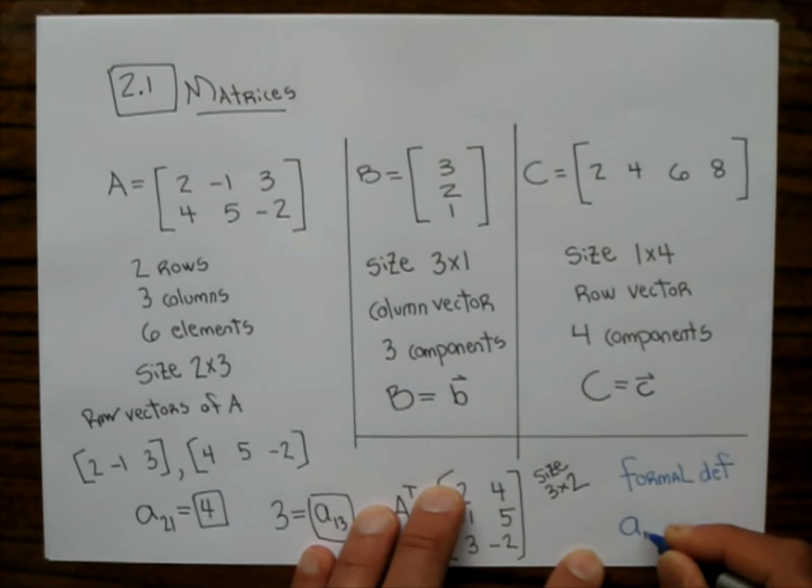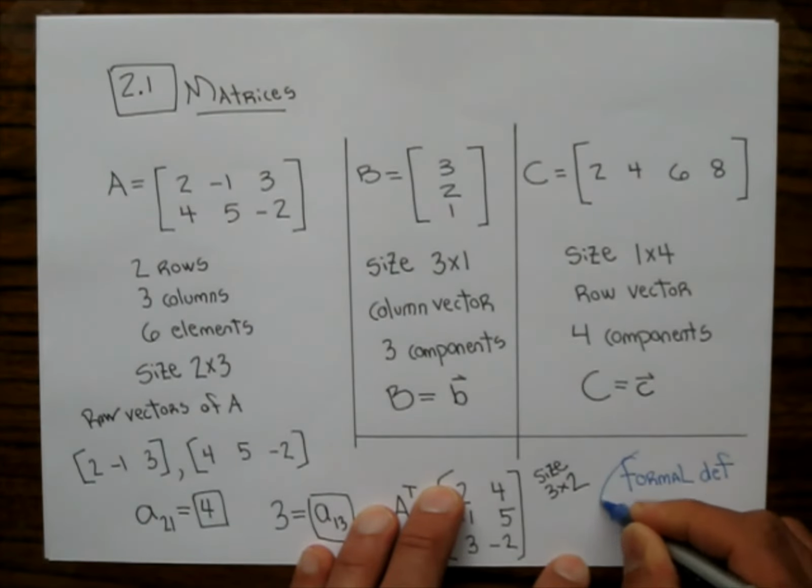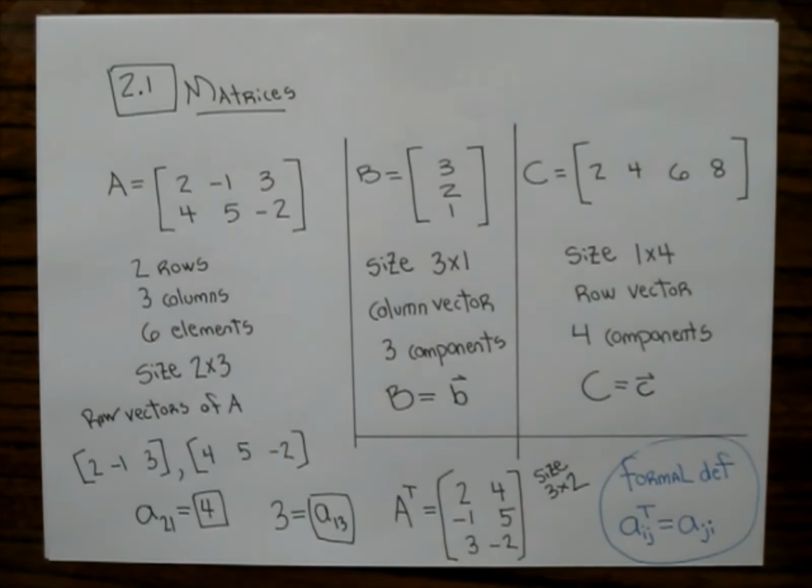They would say the ij entry of A transpose equals Aji. That's how they would define it. So if you're a math major, you get ready for a future class where things get a little bit more technical. Okay, so that goes over transpose.